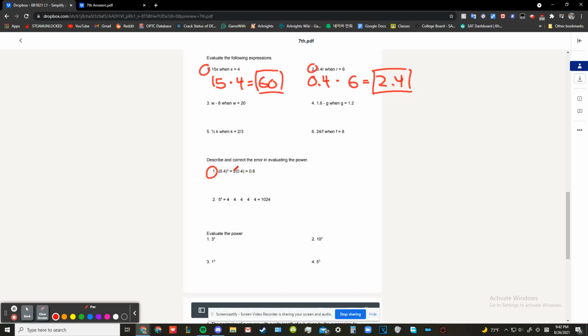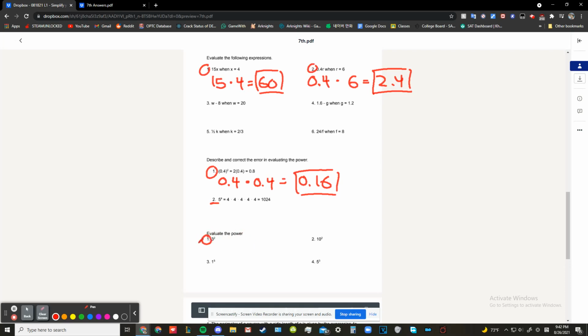When you're using the power or an exponent, it means that you're multiplying by 0.4 twice. So it means that we're doing 0.4 times 0.4. And when we do that, we get 0.16. Okay? And you can try 2 on your own.